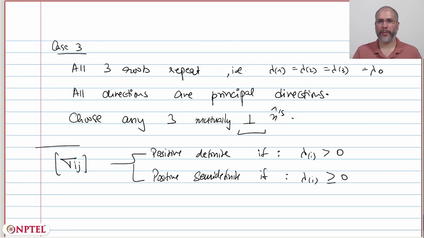Of course, positive definiteness is more strict as compared to positive semi-definiteness, and a positive definite matrix is always a positive semi-definite matrix. So in case you have one of the lambdas as 0, you would have a positive semi-definite matrix if all the other lambdas are positive.